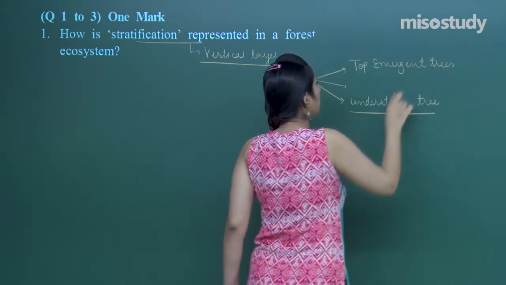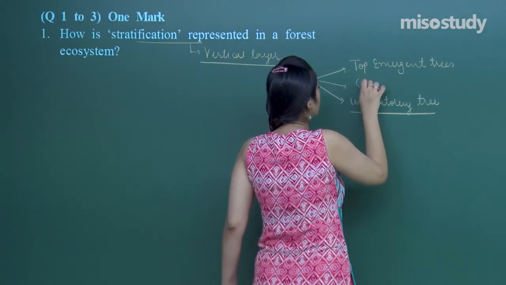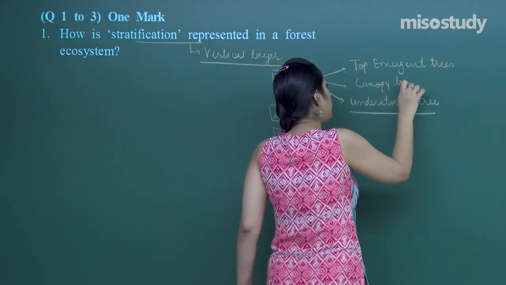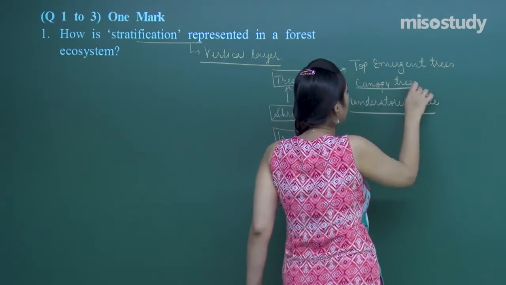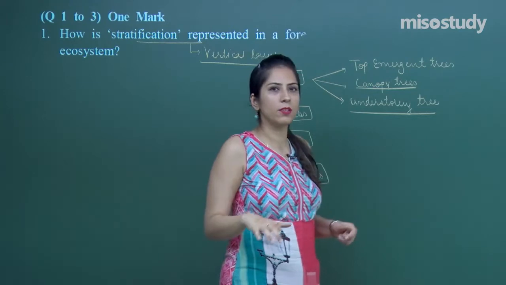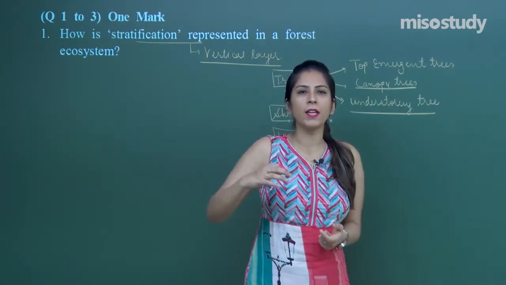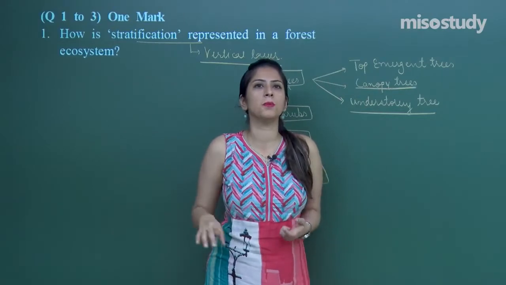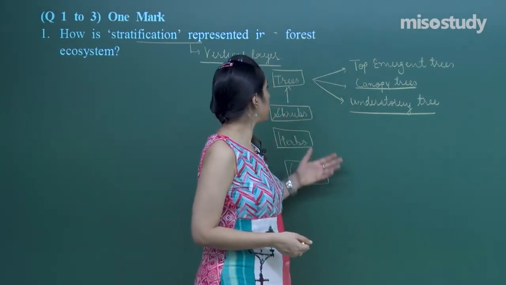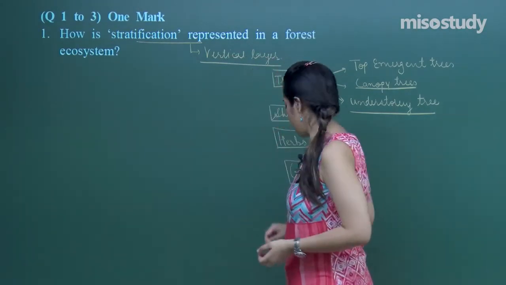In between you can see the canopy trees, which look like an umbrella above the forest. Because of the canopy trees, if you are flying on a plane, you cannot see the herbs, shrubs and grasses. This is called vertical stratification. This was the first question.